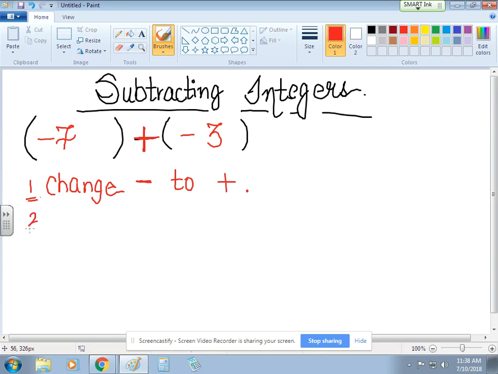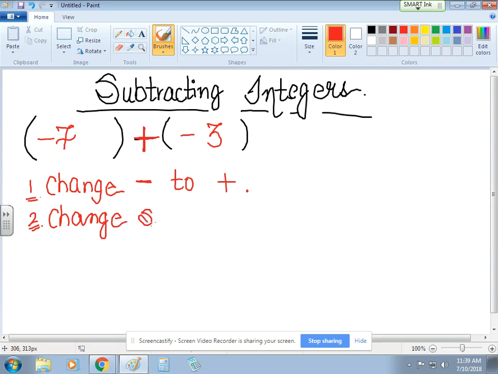Our rule number two is, as you change the middle sign to a plus sign, you also have to change the sign of the second number to its opposite sign.